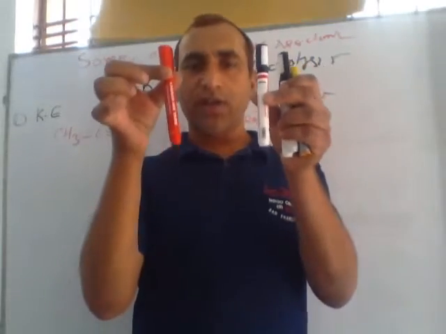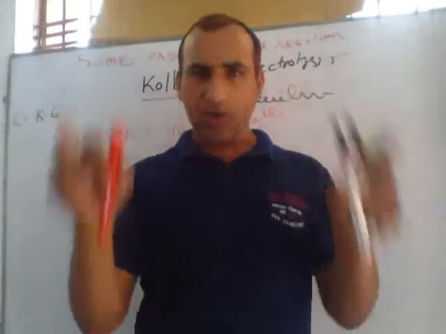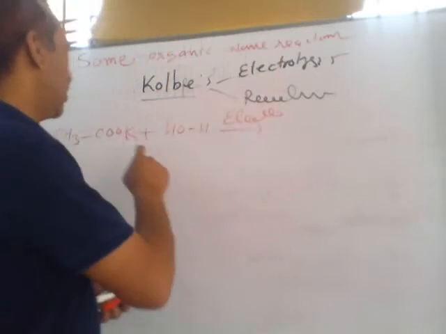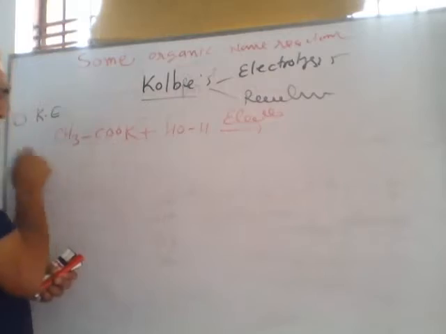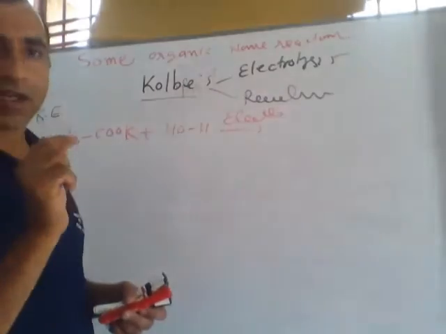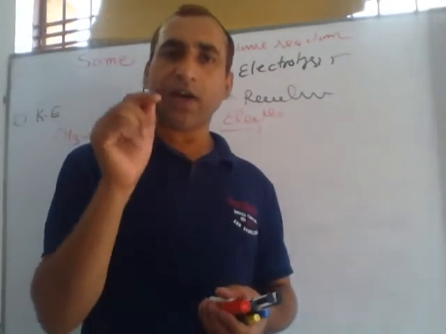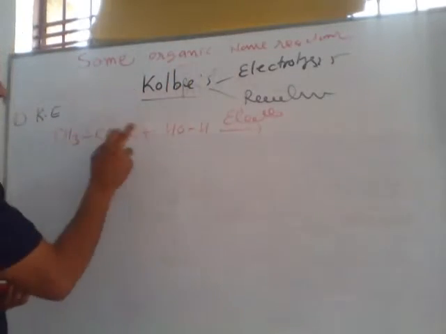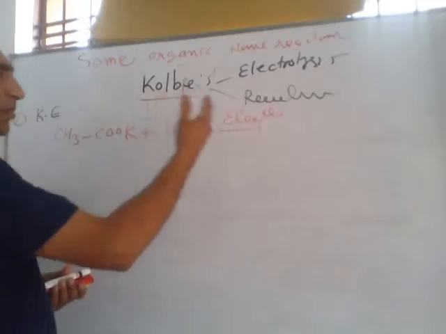Electrodes are immersed in the solution, which is an aqueous solution of the sodium or potassium salt of the carboxylic acid. RCOOH is the carboxylic acid, and instead of H we write K or Na. So this is called the sodium or potassium salt, and we dissolve it in water and pass current.